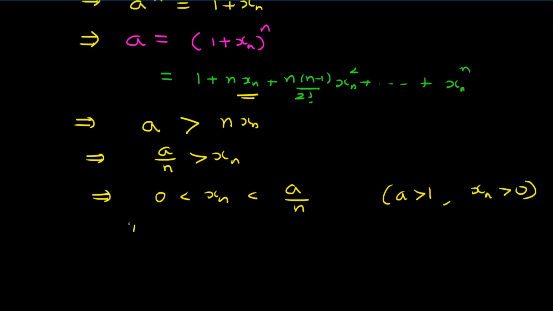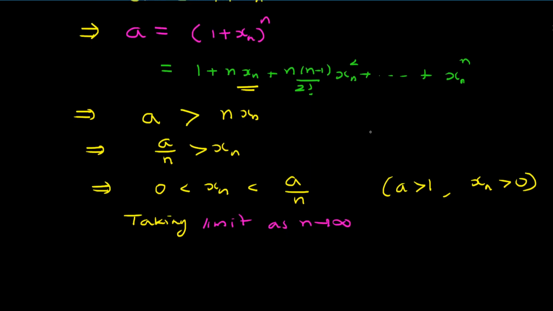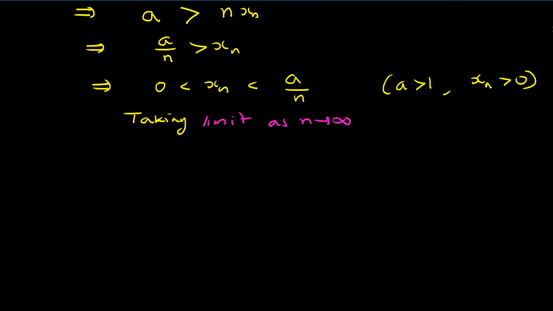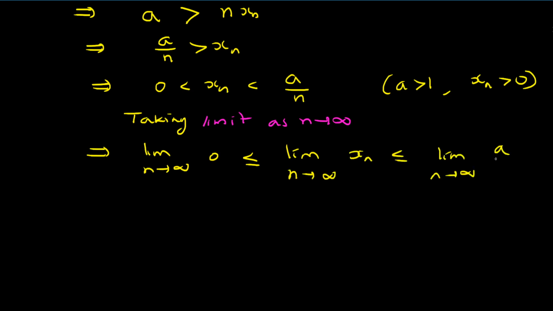So now taking limit as n tends to infinity, what we can get is limit n tends to infinity of 0 less than or equal to xn, less than or equal to limit n tends to infinity A upon n. Remember, less than always becomes less than or equal to when you take limit in an inequality, even if it is strict inequality.